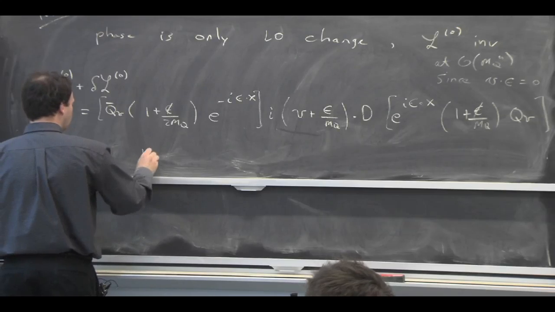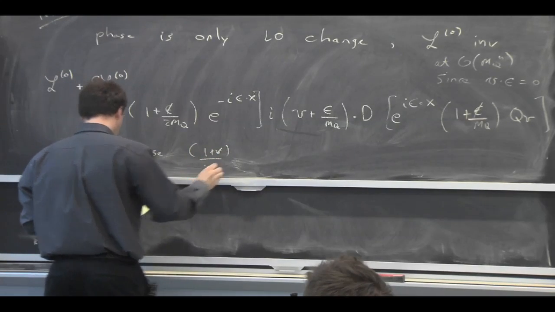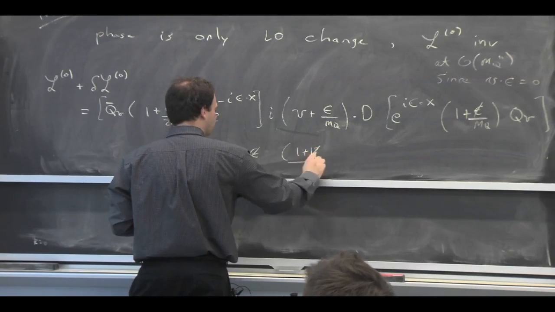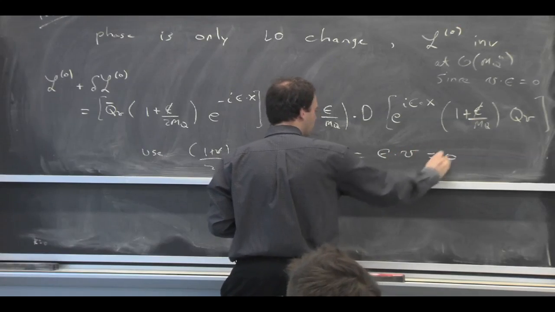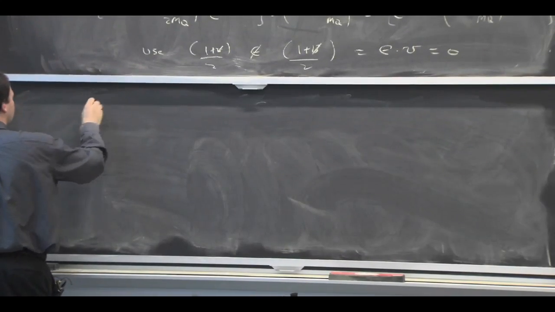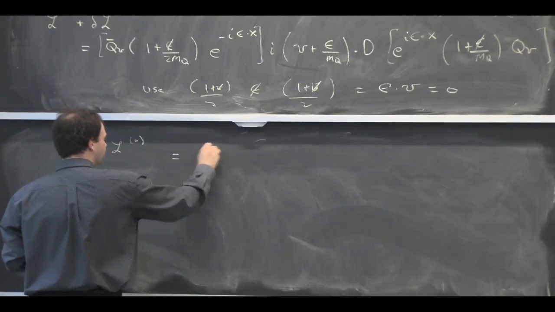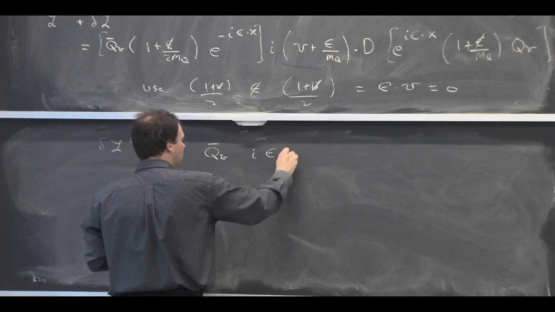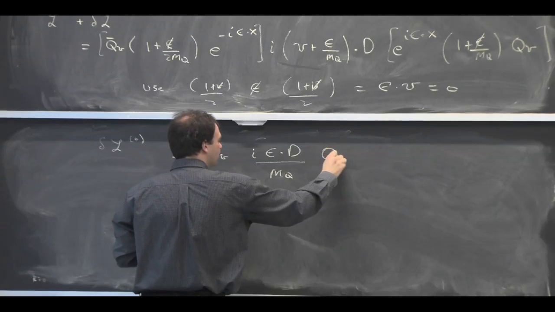Expand this out, use things like (1 plus v slash)/2 epsilon slash (1 plus v slash)/2 is equal to epsilon dot v, which is equal to 0. Simplify, do some Dirac algebra, and you can boil this down to something simple, which is that the entire change is just an epsilon dot D over mQ times Q_v.